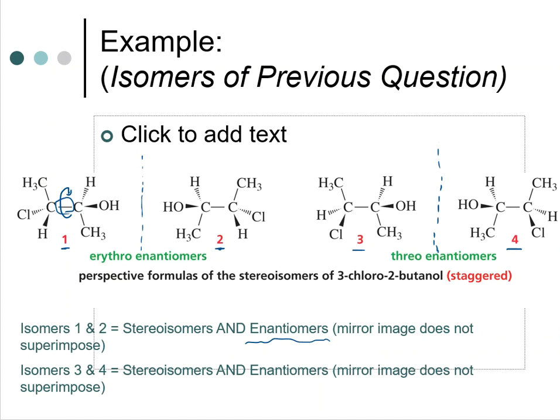But there is another term. What do we call something like number 1 and number 3? How are they related? Or how is number 2 and number 4 related? Or how is number 1 and 4 related? Right? I mean, here I see 4 compounds. They are related in some form or fashion.